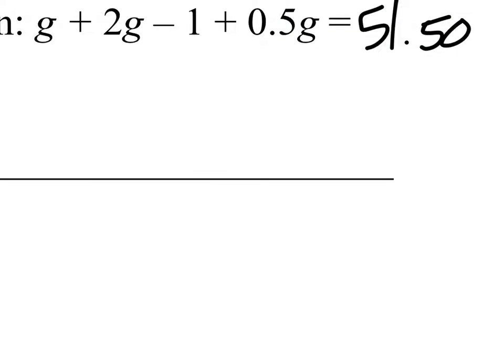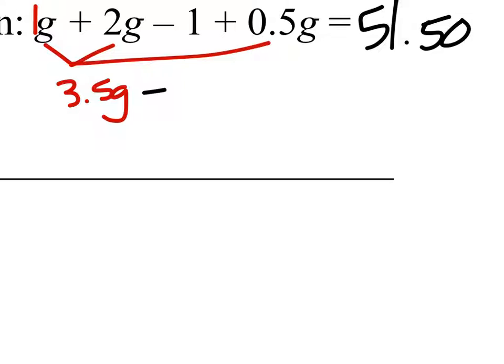All right. Again, when we solve this equation, we should have Gordy's allowance. So we'll combine all the G's. 1G plus 2G plus 0.5G would be 3.5G. Now we got this minus 1 equals 51.50. And to solve with these, we would add 1 to both sides.